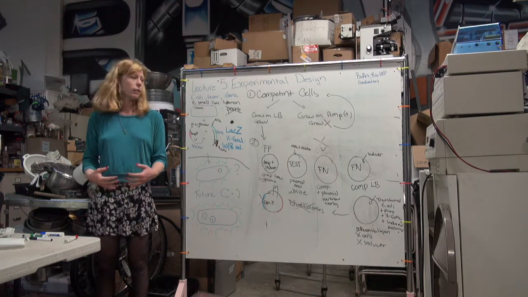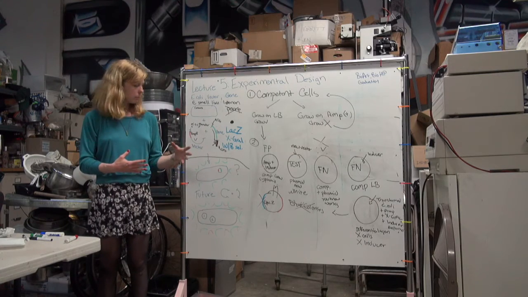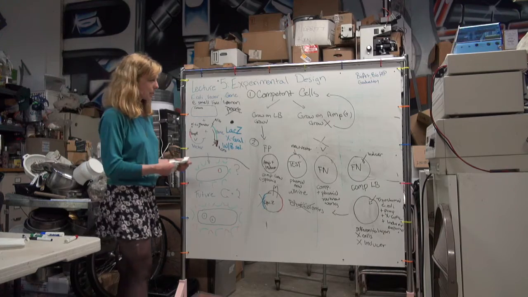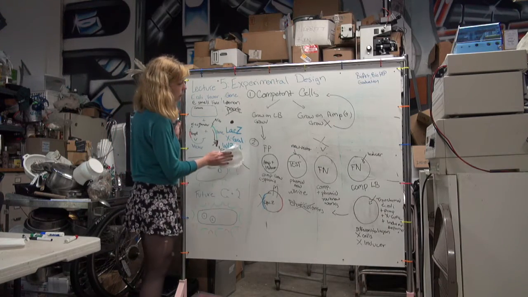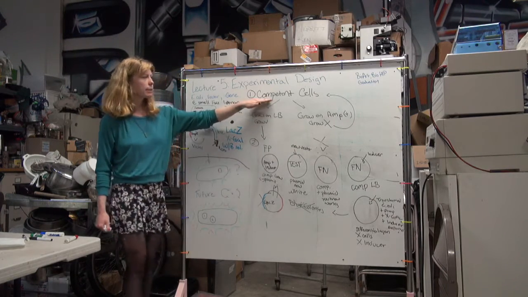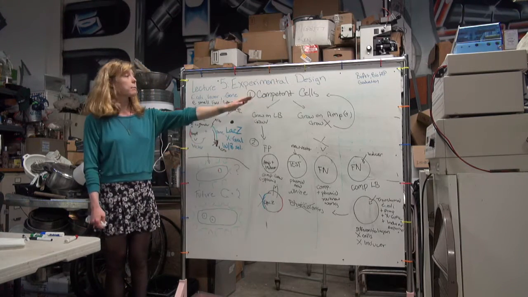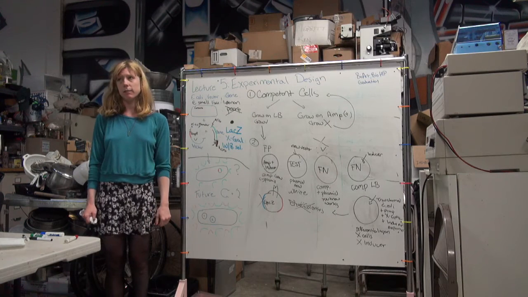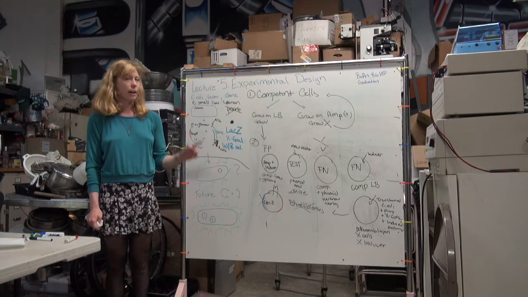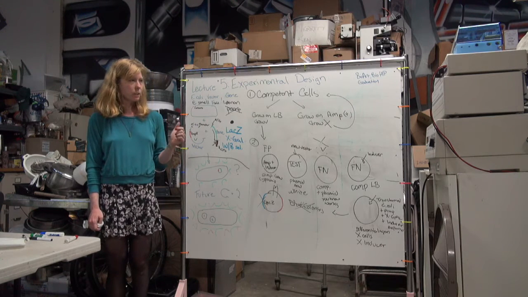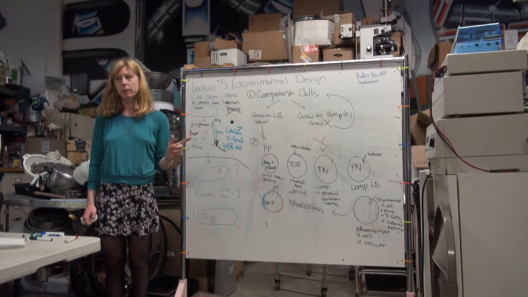So this is just an example. When you start doing your own experiments, you're going to take, for instance, competent cells. You will write this down: I want to make sure that my competent cells are ampicillin sensitive, but still can grow.